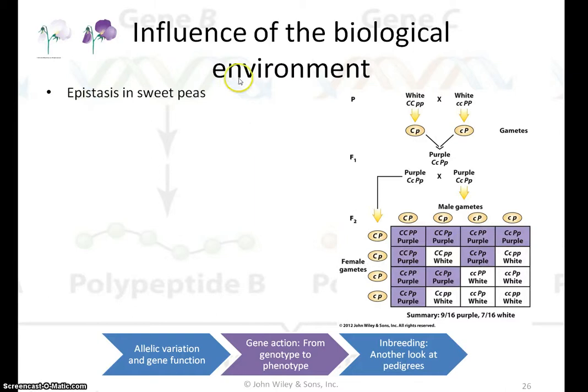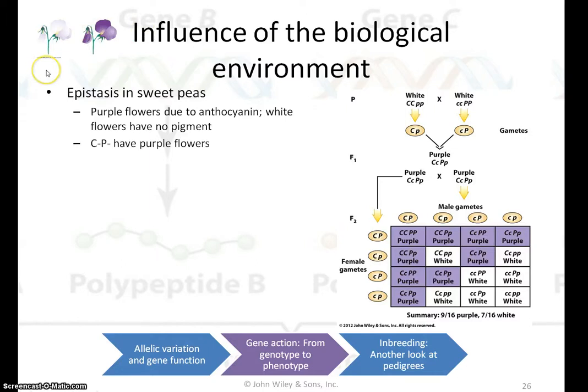All right, another example of epistasis. These are sweet pea plants, and you can see they normally come in two different flower colors. The flower colors are determined by a pigment called anthocyanin. The purple flowers have anthocyanin. The white flowers don't have any pigment at all. Individuals that have two dominant alleles from two different genes, because we're talking about epistasis, so two different genes, will have purple flowers.